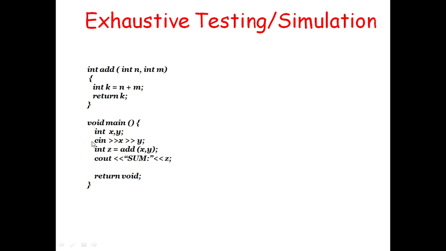This is the main function that calls this function add, and it returns the sum of two integer values that have been passed as arguments to this function. So the add function gets two integer values n and m. It returns the sum of these two arguments n and m.